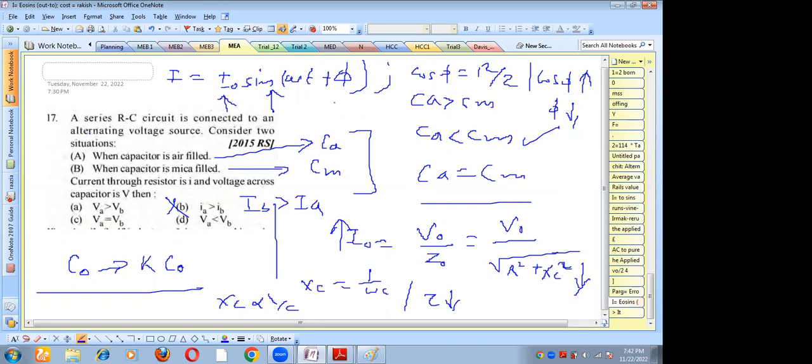When phi is decreasing, sin phi will decrease. Here cos phi is increasing, it means sin phi will decrease.